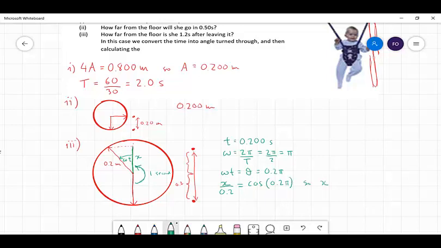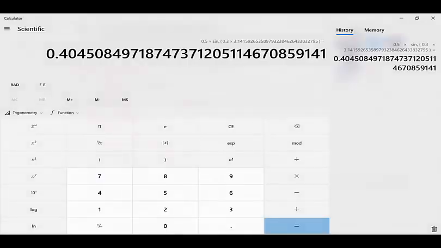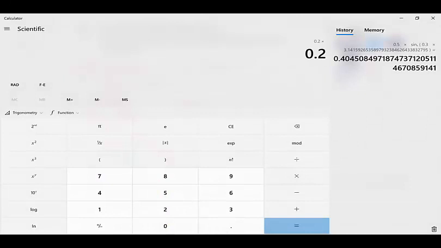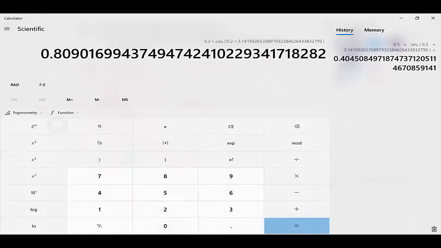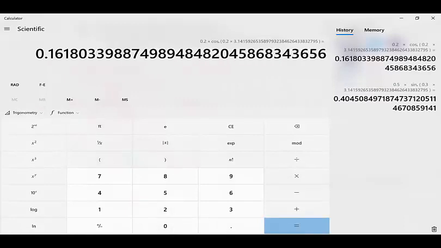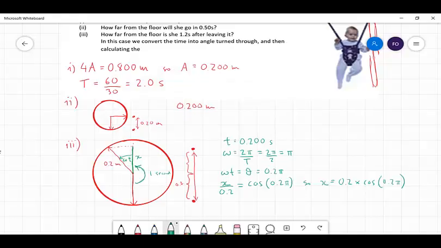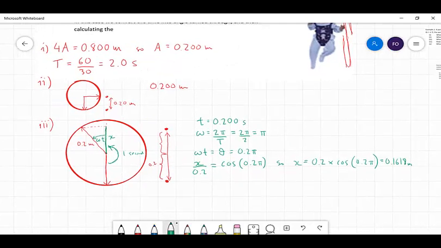So x is equal to 0.2 times the cosine of 0.2 pi. So 0.2 times 0.2 times pi, and then we'll take the cosine of that, and we get 0.1618 meters.